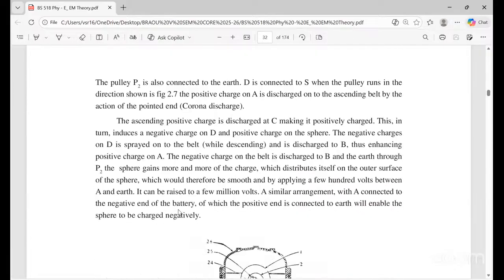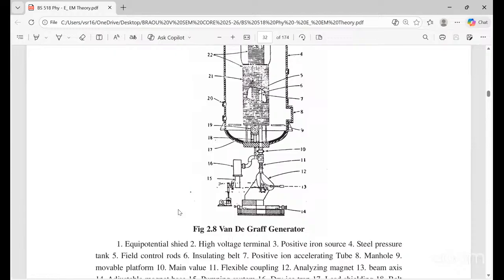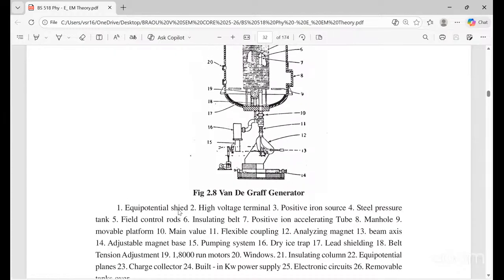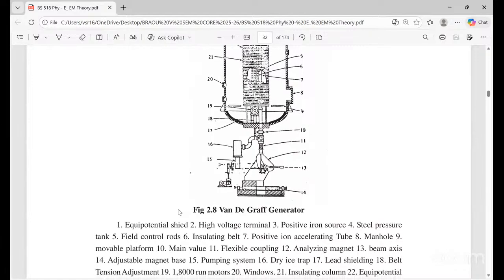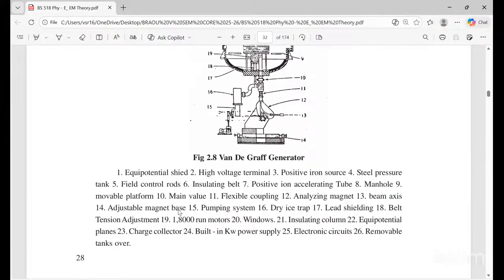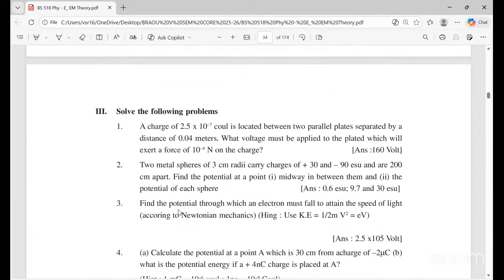This is a detailed diagram, which has an equipotential sheet, high voltage terminal, positive ion source, field control rods, and insulating belts. Okay, this is the summary.